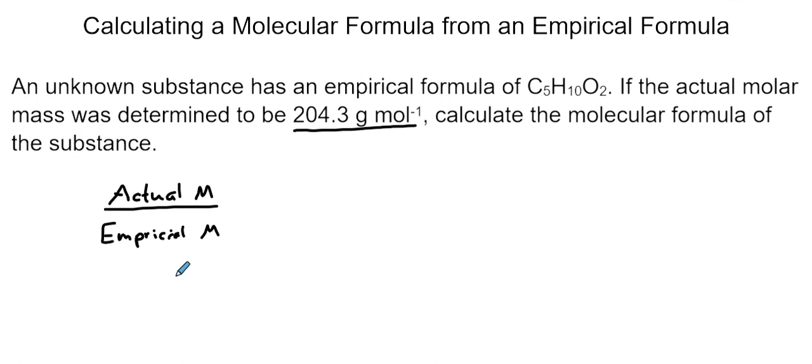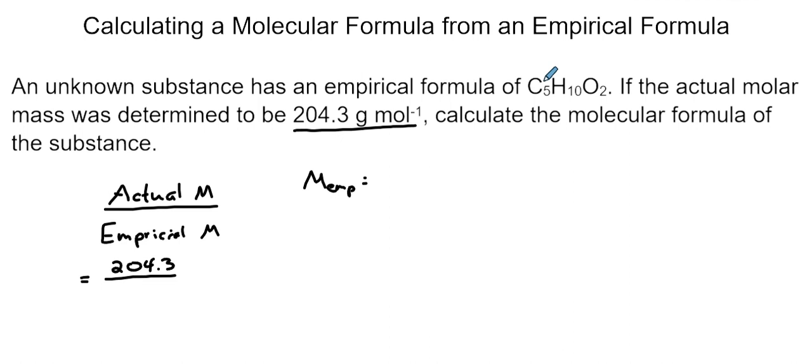And we're going to look at what number that gives us. Well, we know that the actual molar mass, as provided here in the question, is 204.3, and we have to divide that by the empirical one. So let's look at the molar mass of the empirical. I'll switch over here to a subscript for ease of writing.